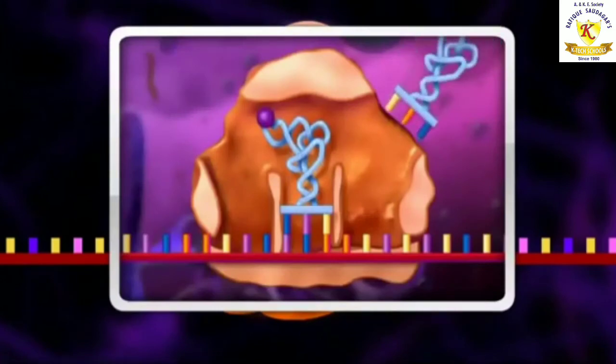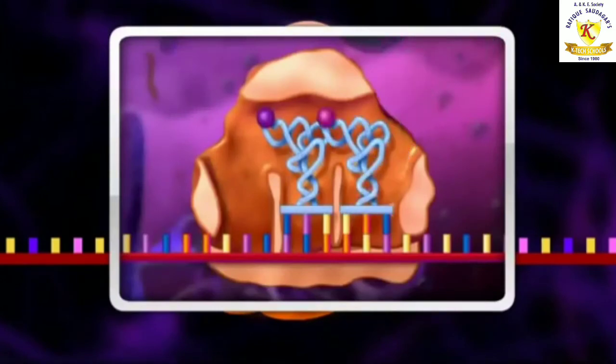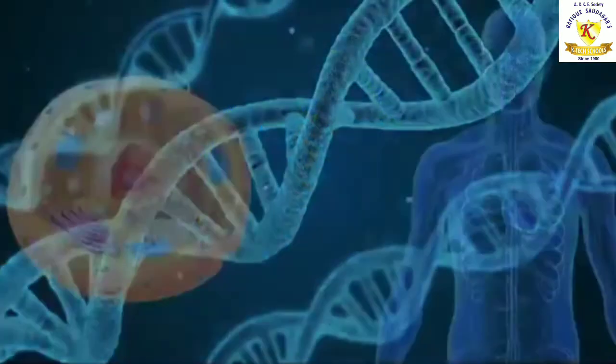Such many chains come together to form complex proteins. These proteins control various functions in the body of living organisms and their appearance too.